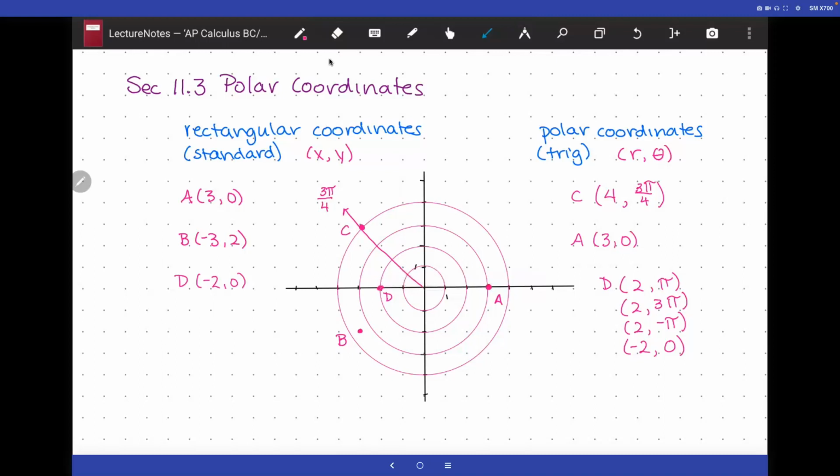So for instance, another way that I could list point C, I should have left space, but I'll put it up here. If I wanted to say -4 instead for the radius for point C, what angle could I use? Again, there's an infinite number of angles, but what's one angle I could use here?